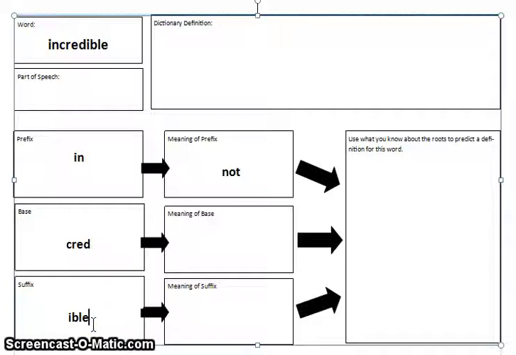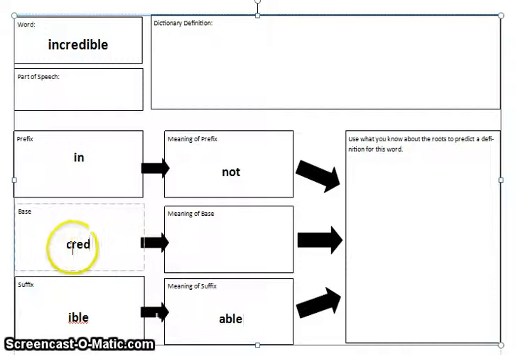And that sounds to me very much like a word I know, and that is the word able. Ibble, able. I can think of some other words. Incredible is the one we have up here. Invisible, movable. Now that's A-B-L-E instead of I-B-L-E, but they both kind of mean the same thing. So I'm going to guess that ibble and able are similar.